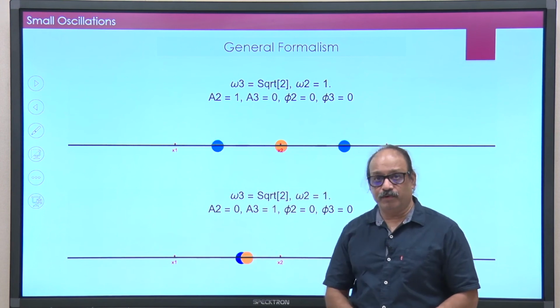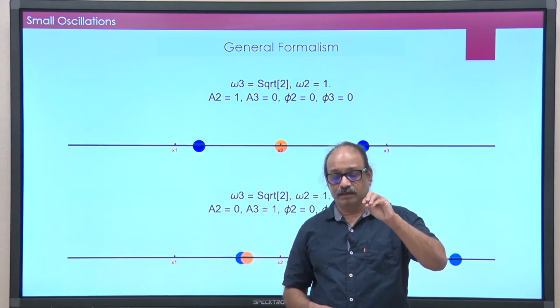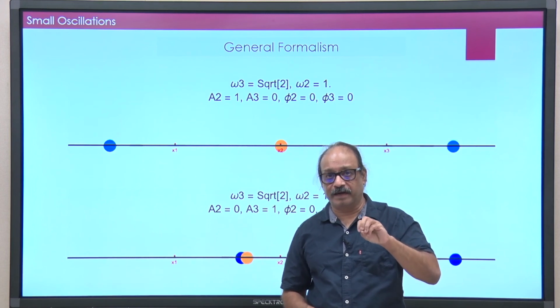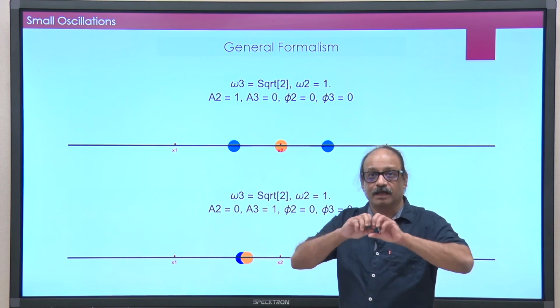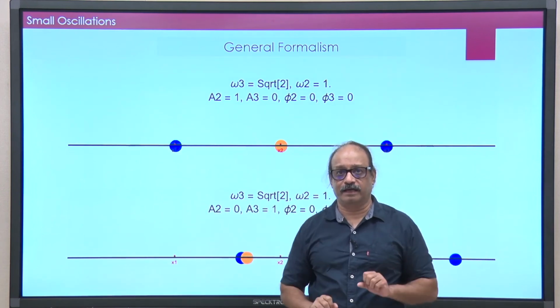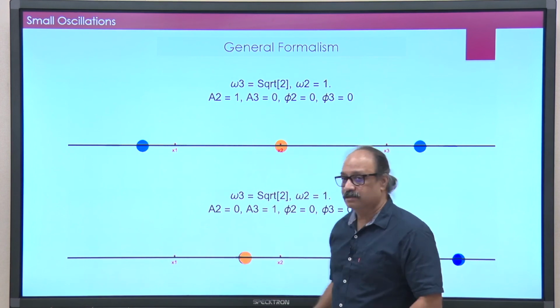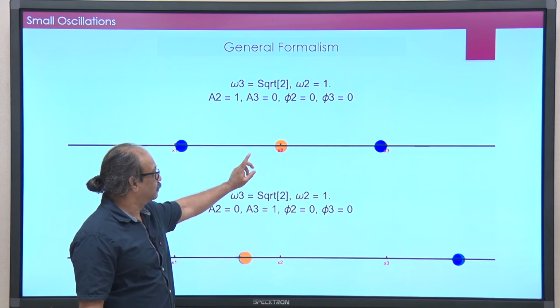So, in one of the modes, remember the middle in xi 2, the motion of the central particle is in fact 0, it does not move at all from its own position, just the 2 side atoms, they keep oscillating, they are out of phase. So, they go away from each other and they come together, and that is one of the modes.